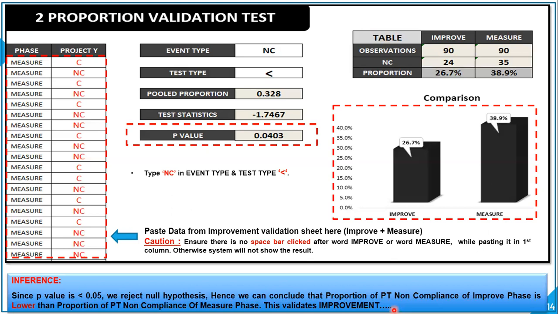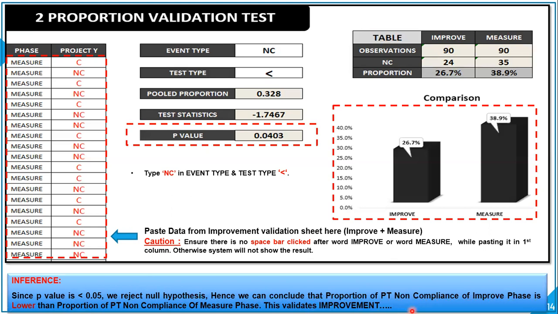That is our alternate hypothesis. So to accept alternate hypothesis, in other words, to reject null hypothesis, we have to take a risk of less than 5%, which we're definitely going to take, right? So we can conclude that there is an improvement. So we have validated that there is an improvement in the performance.